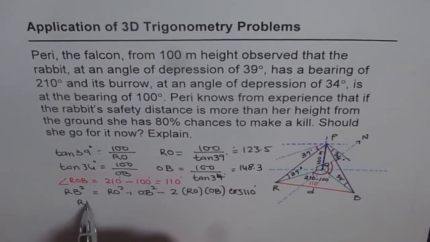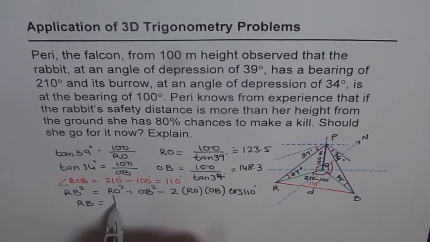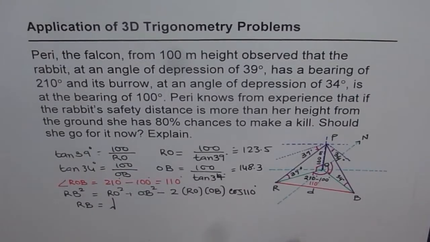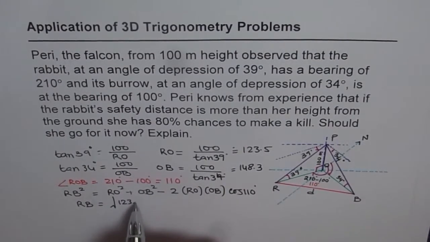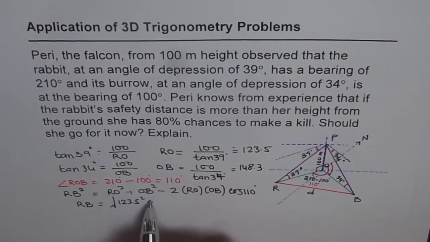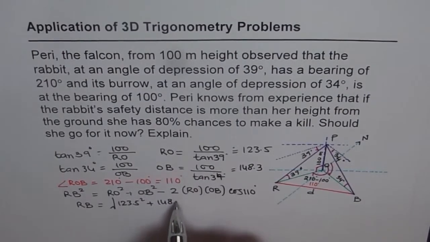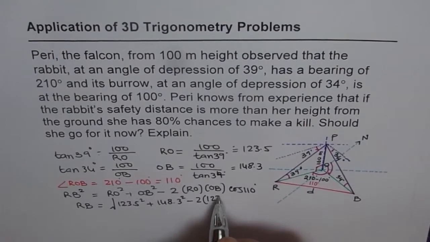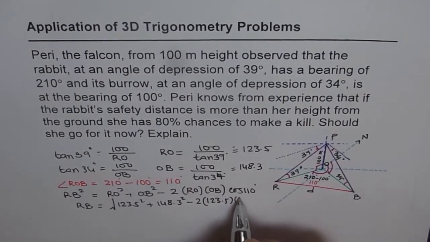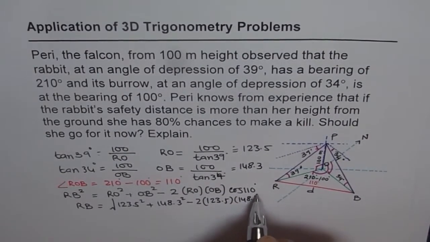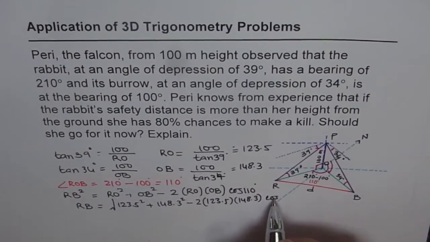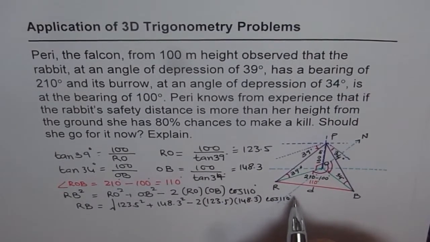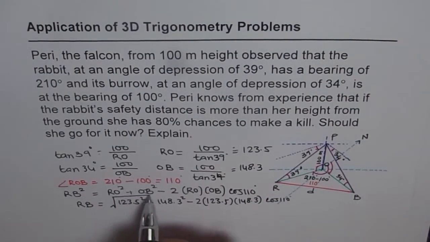Now we can substitute these values and then do the square root. RB will be the square root of 123.5 square plus 148.3 square minus 2 times 123.5 times 148.3 times cos of 110 degrees, all square root.